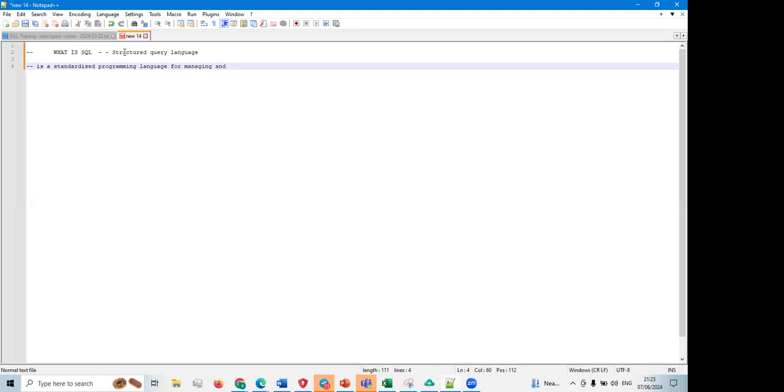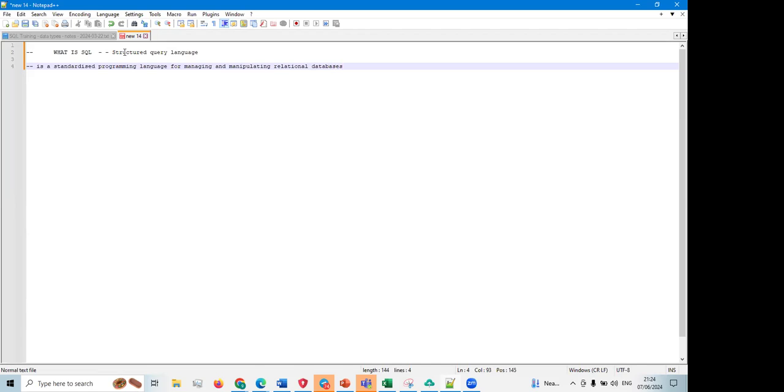For managing and manipulating relational databases. So that is the introduction of another word, relational databases. What does this tell you?